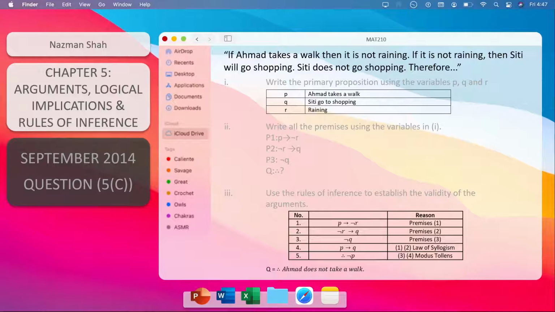Regarding number 4, the reason we get P implies Q is that for number 1 and 2 we use the law of syllogism.